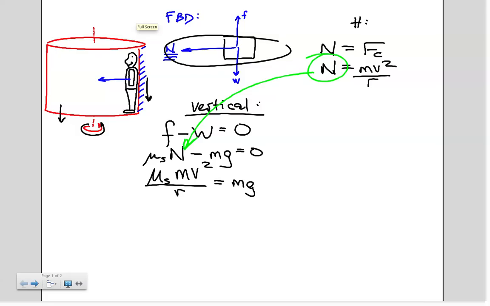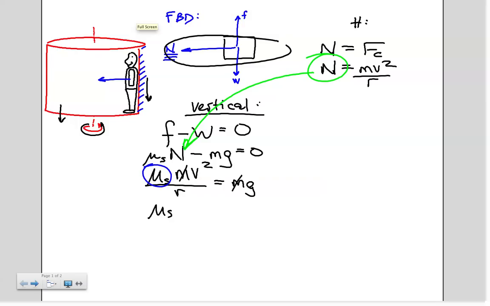So I've performed both the substitution and I've added mg to both sides. I see now that the mass cancels out of the term on either side. And since I'm trying to solve for this variable, mu s, that's the term that I'm trying to isolate. So I'll leave it alone on the left-hand side and multiply both sides by r.